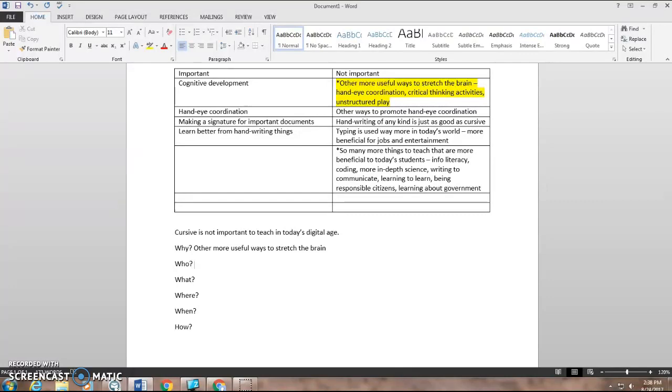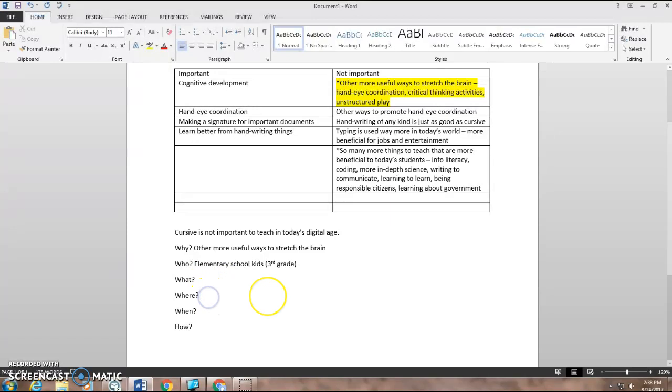So who? I'm thinking cursive is usually taught right around 2nd and 3rd grade. So I'm choosing elementary school kids, probably right around that 3rd grade. What? We've got that already, teaching them cursive or teaching them other ways to stretch their brain.